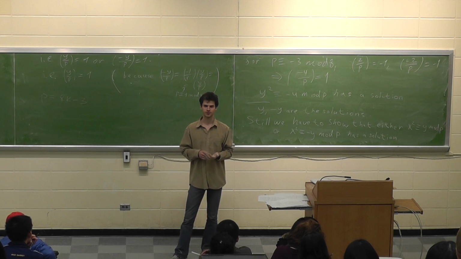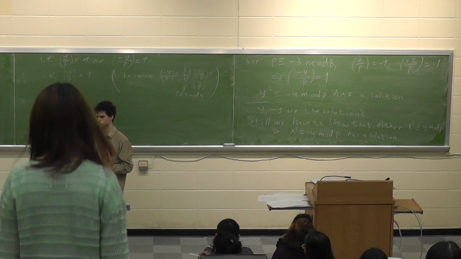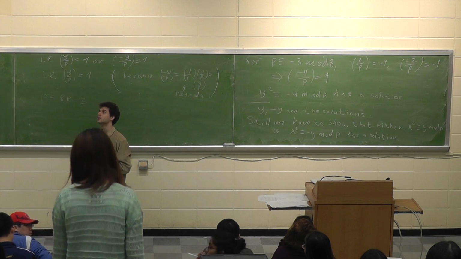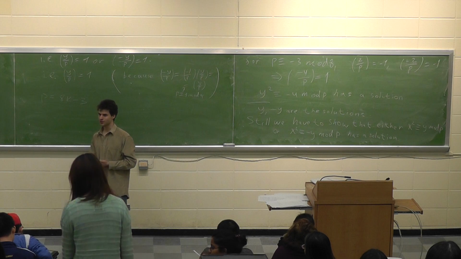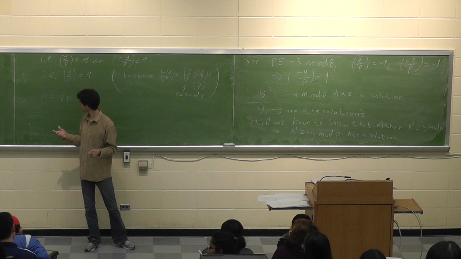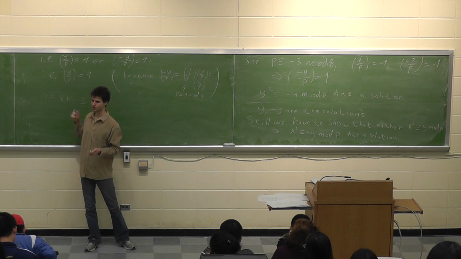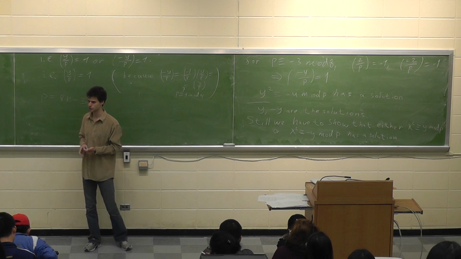What other tools do we have? Direct means write the formula and show that b squared is congruent to y. Once again, it's complicated because you don't know that much about y.